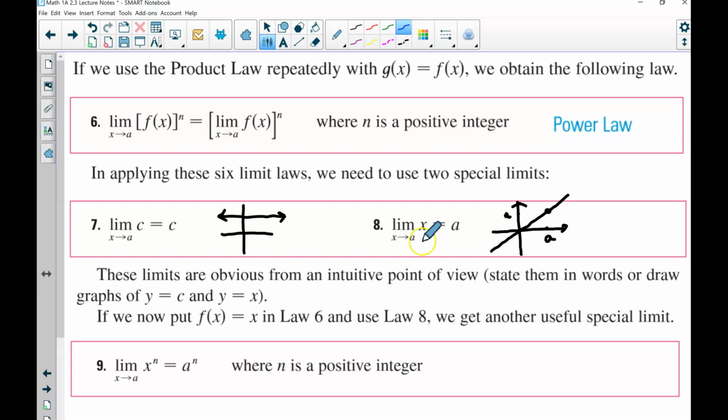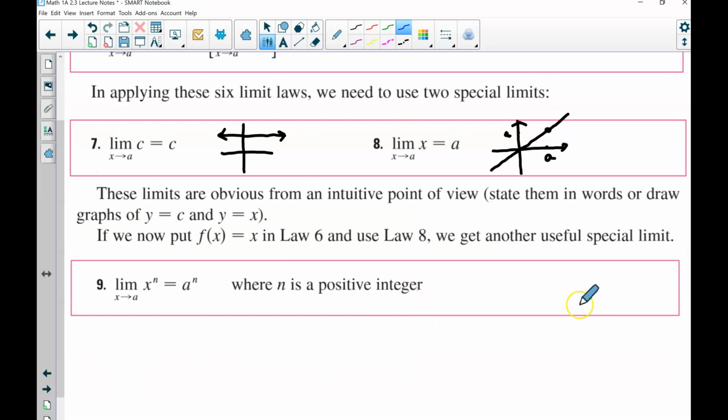Now, these limits are obvious from an intuitive point of view. Okay, state them in words or draw graphs of y equals c and y equals x. So y equals c again is the graph of this function here, and then y equals x is the graph of this function. So you can see how the limits are associated with those two graphs.